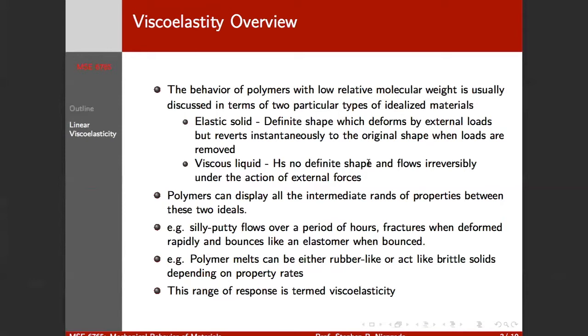Polymer melts are interesting. Has anyone in undergrad classes had to take a course in polymer processing, like extrusion, a screw extruder? It's really interesting. The rate at which you flow a polymer melt through a die, it behaves sort of like, you know how when you squeeze honey, it spirals out?